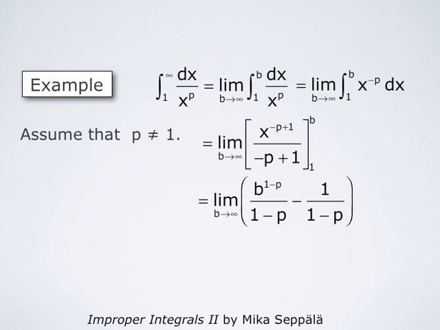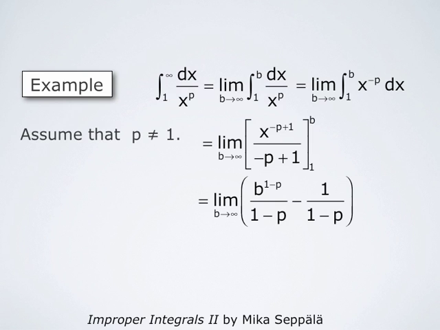Now, if this limit exists and is finite, then this improper integral from 1 to infinity of dx divided by x to the power p converges. And in that case, the value of this limit is also the value of this integral. Now, this limit is finite only if the power of b, that is 1 minus p, is negative.